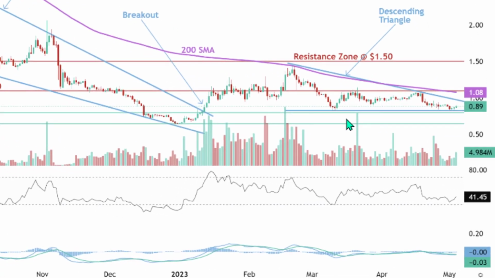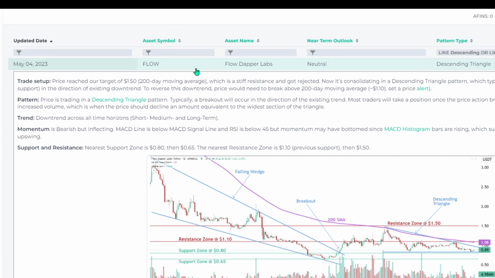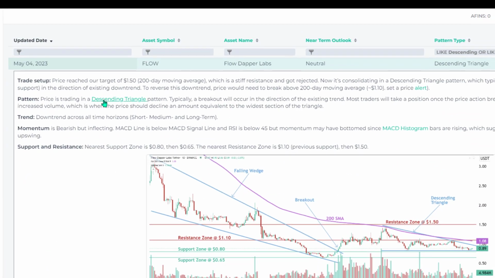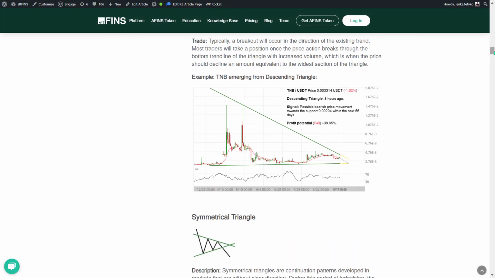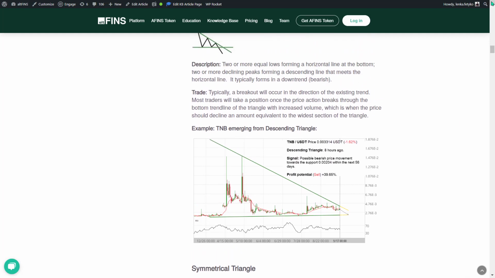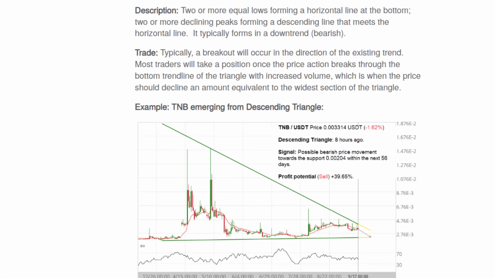And what a descending triangle is, by the way, you can also find the link to our knowledge base, where you can learn more about what a descending triangle looks like and what it means. But basically it forms when the price keeps bouncing off of a horizontal support level that forms the triangle support trend line, and every time it bounces lower than the prior bounce.